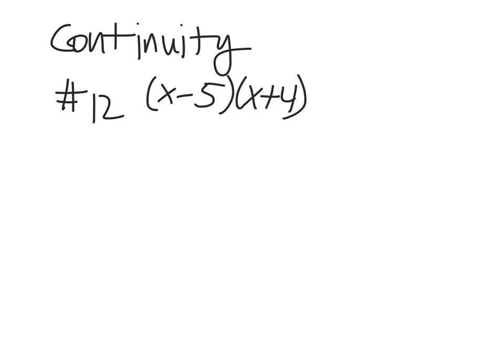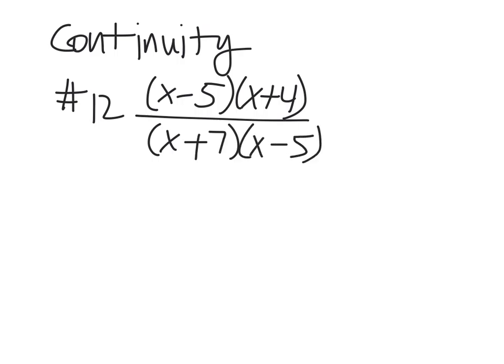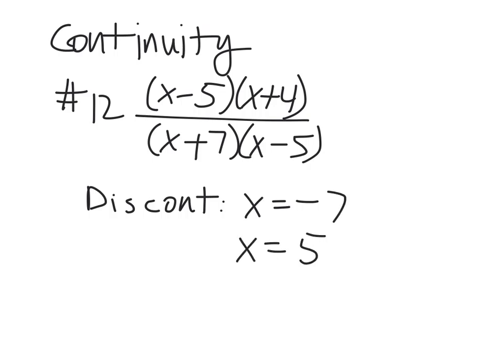And then number 12, our factors ended up, we'll do the quick version on this. Now, this function would be discontinuous at x equals -7 and at x equals 5.